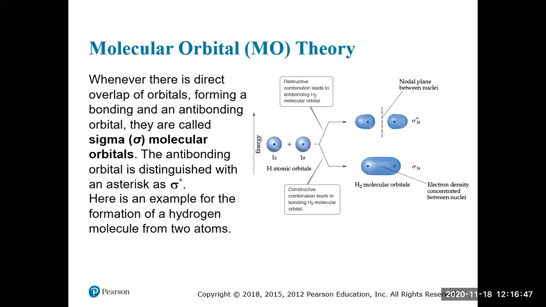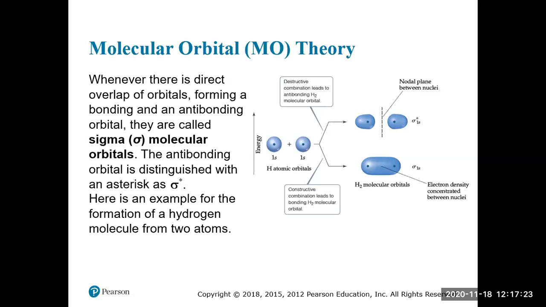So let's take a look at the combination of 2 hydrogen atomic orbitals. Here we have a 1s electron from each of the hydrogen atomic orbitals, and those combine to form our molecular orbital. On the bottom there, we have the 2 overlapping in a constructive manner, and so we have the electron density in between the nuclei.